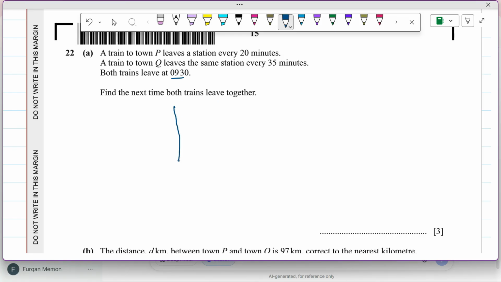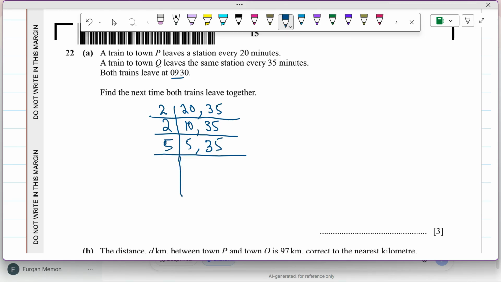For example, we have 20 and 35. First divide by 2, so this will be 10 and this will be 35. Then again by 2, so this will be 5 and 35. Now divide by 5, we will have 1 and 7. Then divide by 7, so we will have 1 and 1.